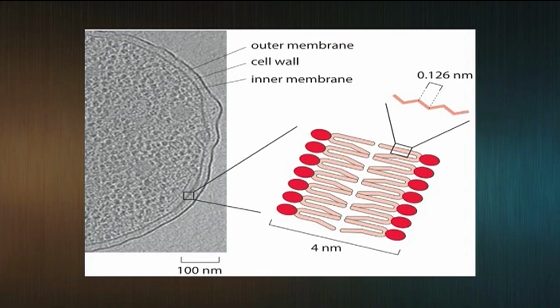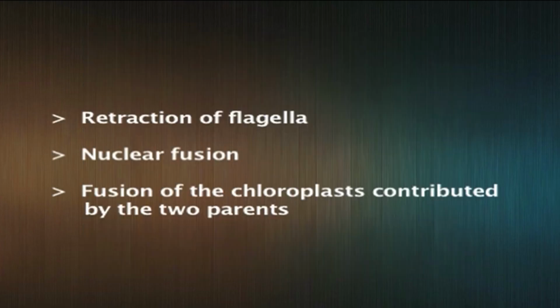When gametes of opposite mating types are mixed, they fuse rapidly to form diploid zygotes and almost immediately begin a differentiation program that leads to major structural and cytological changes. These changes include deposition of a thick wall, retraction of flagella, nuclear fusion, and fusion of the chloroplasts contributed by the two parents. A key event with respect to chloroplast inheritance is the degradation of MT negative derived chloroplast DNA within the first few hours of zygote formation, prior to chloroplast fusion.